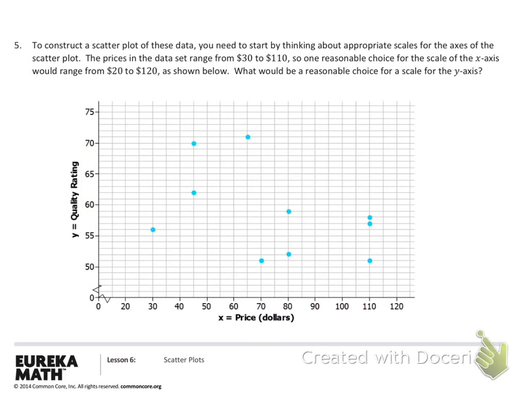We can't say anything in general about all shoes, but for this study of athletic shoes, there seems to be no correlation or a downward trend in quality with price. Okay, let's look at the next example.